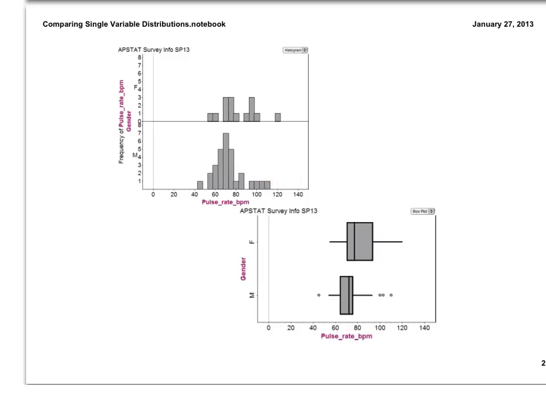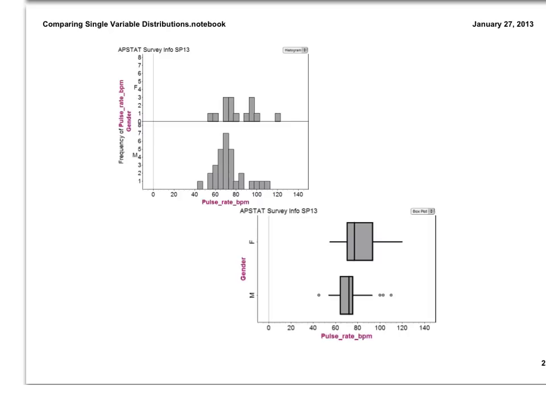If we were to switch our attention down here to the parallel box plots, again, we have the female group on the top and the male group on the bottom, then we can compare some things. Right away with these modified box plots, I first noticed that the male group has outliers. And so I'm going to leave it up to you to verify those using the 1.5 IQR rule, and we'll talk about that in class tomorrow if we need to review that.